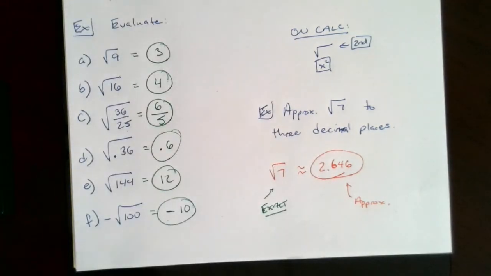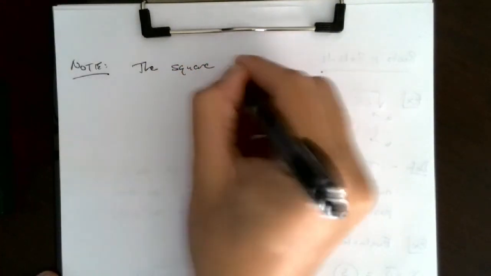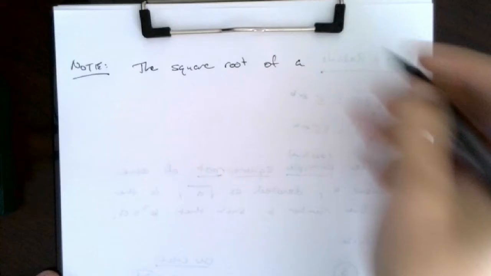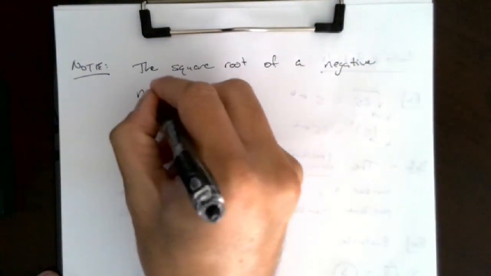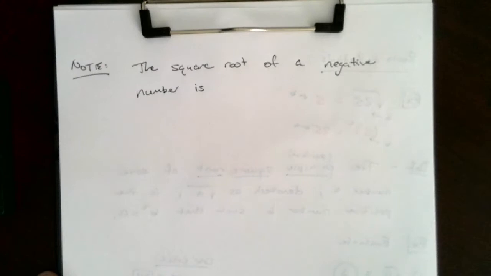Let's take a look at just a note here that'll help us going forward. So for this note, we're going to say note: the square root of a negative number is, and maybe I'll show an example first.